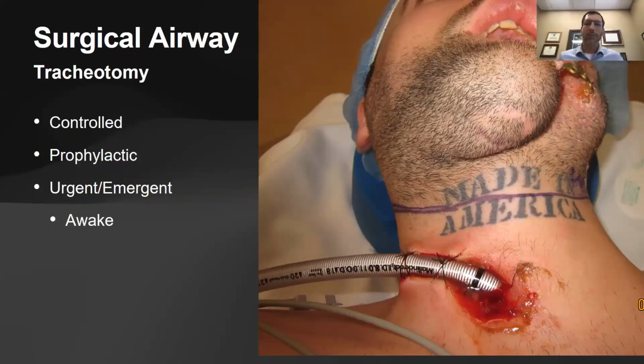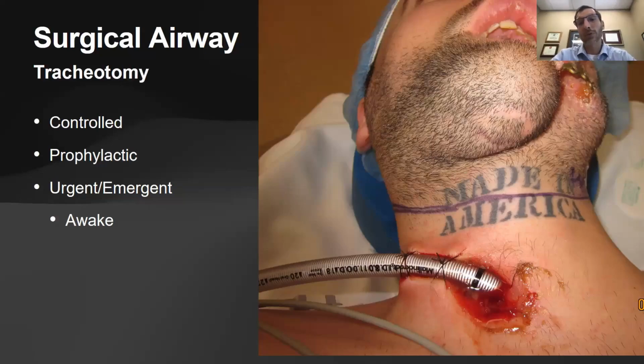So sometimes we have to do that prophylactically, meaning that we anticipate that the patient is not going to do well from the tracheotomy standpoint, and we need to put the trach in just as a precaution.